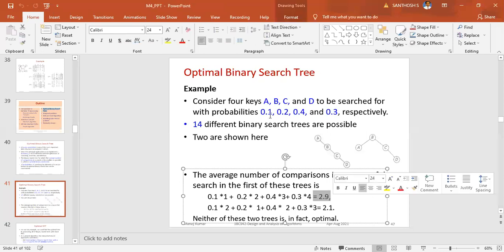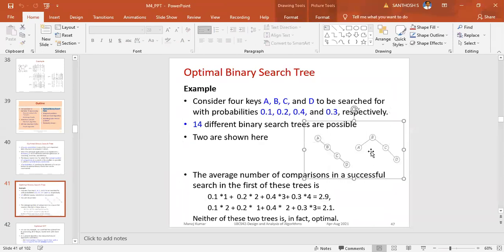Now for this particular tree, A and C are at level 2, B is at level 1, and D is at level 3.